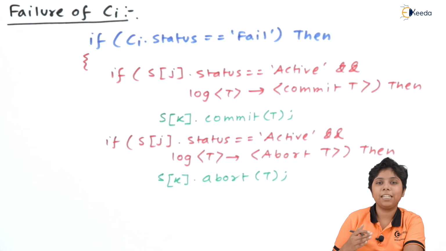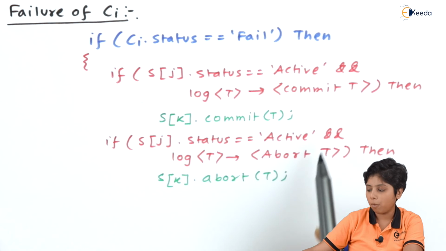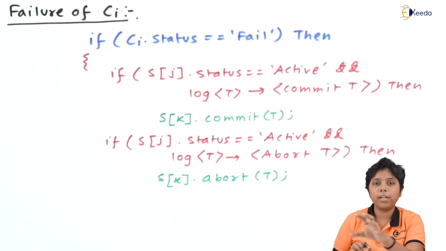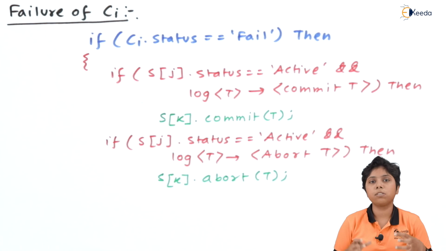Now what happens if the log contains ready T? That means the log does not have commit or abort but a ready. Ready means that each of the participating sites has sent the coordinator a ready message, but the coordinator has now failed. So the active site Sj has to check the status of the other participating sites.